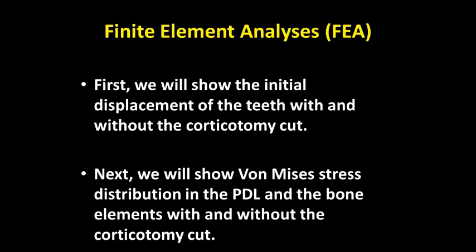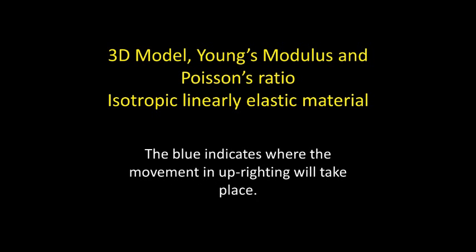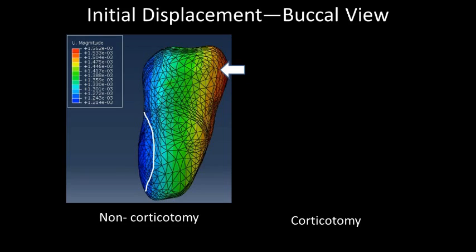That sounds like Greek at this point, but let's go look at what we're talking about. Now, even more Greek. We're going to use the 3D model, Young's modulus and Poisson's ratio, which is isotropic, literally elastic material. The blue indicates where the movement in uprighting will take place.